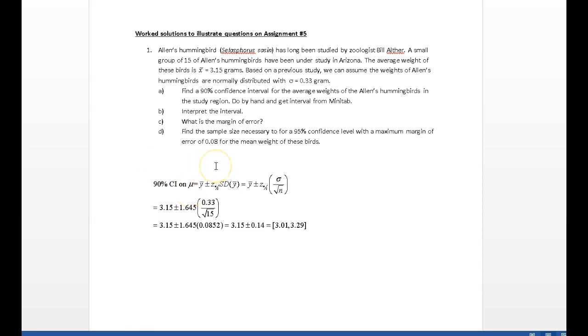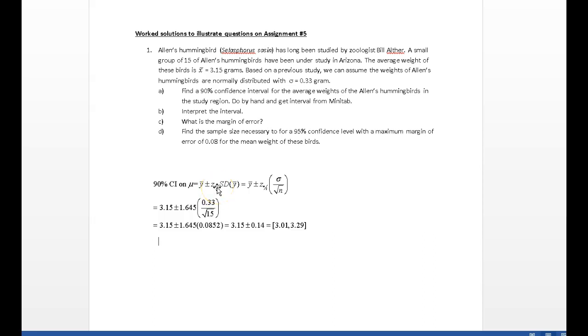The formula from your note says, take a sample, calculate the sample mean. That's the X bar value. We're going to go out plus the margin of error on one side and minus the margin of error on the other side. Now, how is this crazy thing called margin of error calculated? Well, it's based on a z-score, z of alpha over 2.